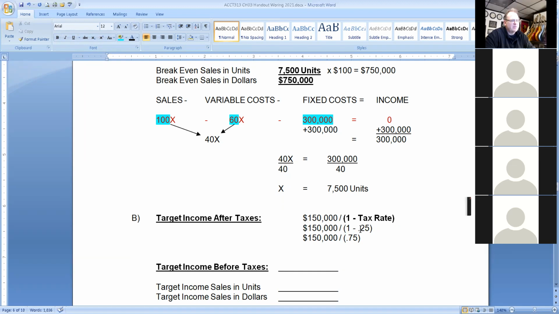So 1 minus 0.25, which is the tax rate. So 150,000 divided by 0.75 equals some number. $200,000.